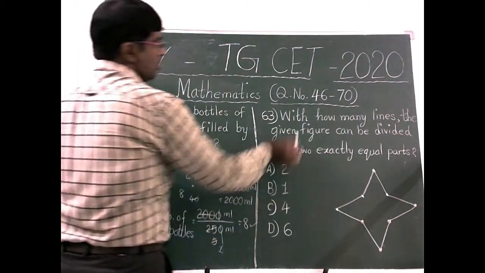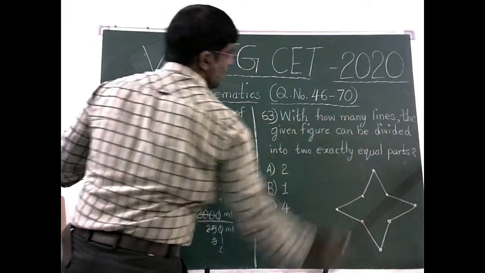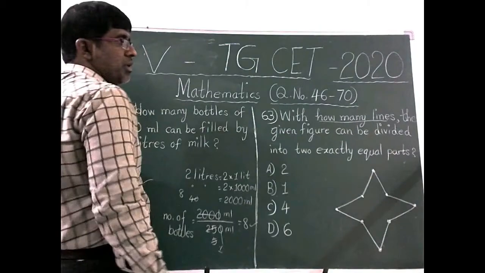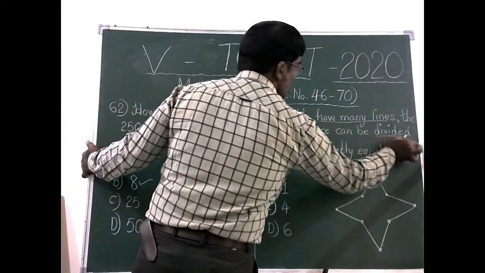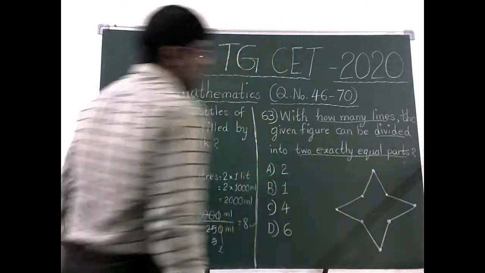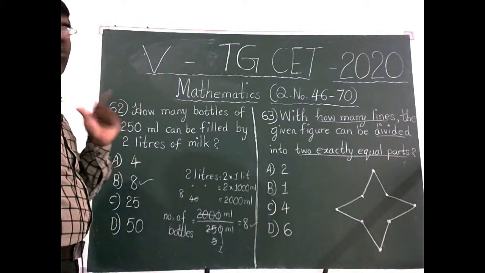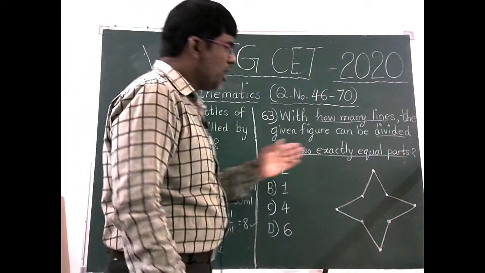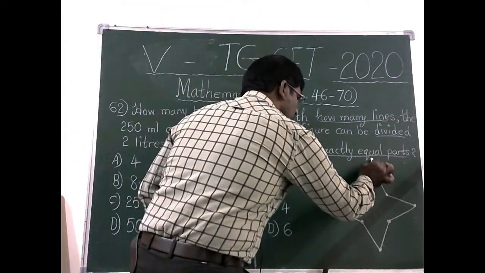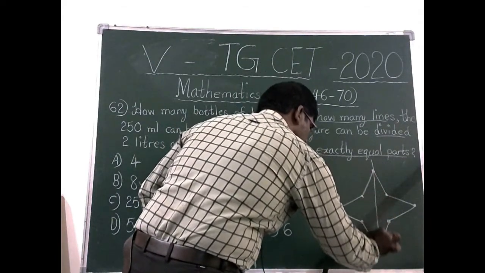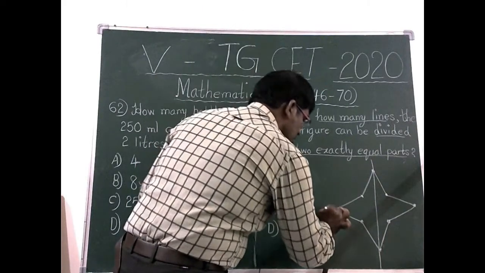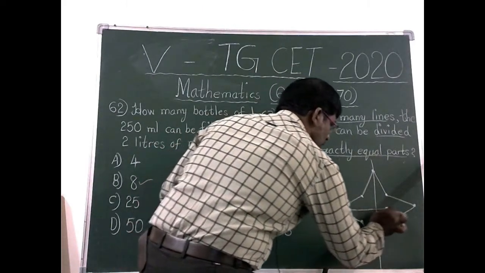Next problem. With how many lines can the given figure be divided into two exactly equal parts? Based on this figure, joining opposite points, here is one line that divides it into two equal parts.